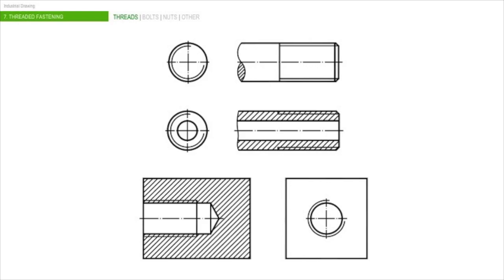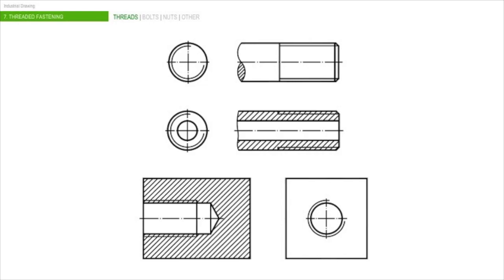Here you can see how the external thread has a thicker line than the line that represents the minor diameter. In internal threads, on the other hand, we have a thicker line in the inner diameter and a thinner line in the major diameter.